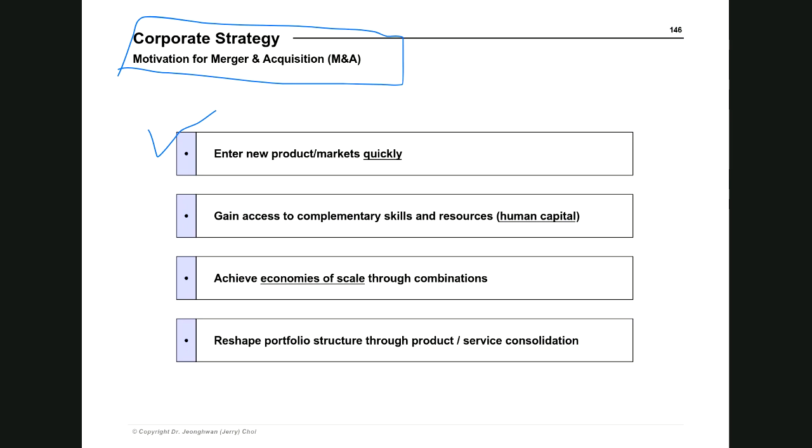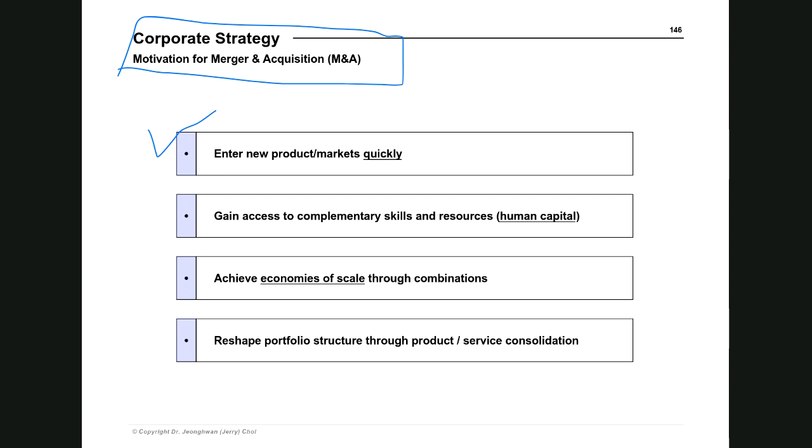Google bought YouTube many years ago, and YouTube became one of the largest video providers, and Google became one of the largest content providers in the world by buying YouTube.